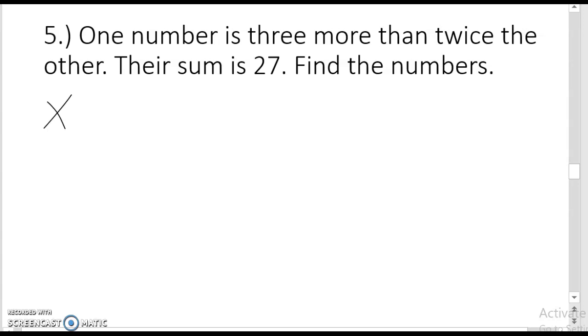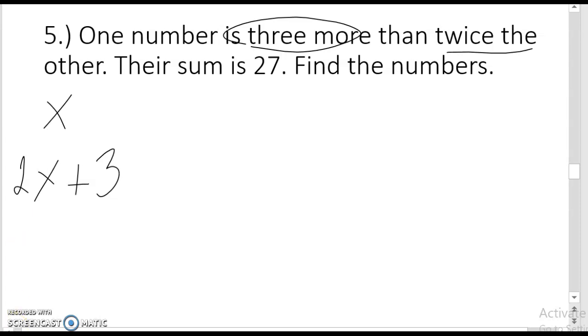The other one is 3 more than twice the other number. So the 3 more tells us we're going to add 3 to that. Twice implies multiply a number by 2. So if I take 2x and then take 3 more than that, that gives me 2x plus 3.